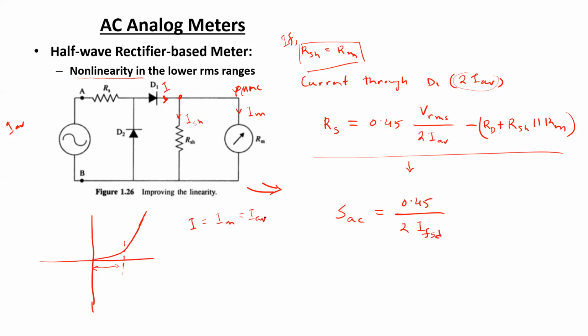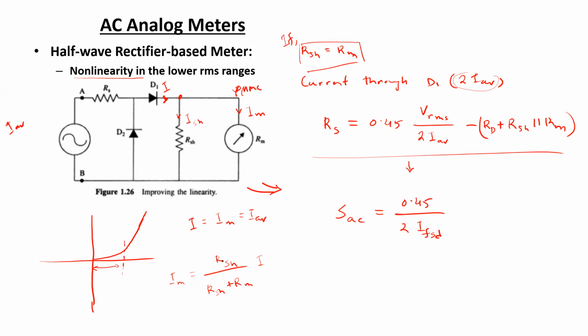But if the shunt branch is present, then what will happen? The current that is going to flow through the PMMC, IM, we have to rewrite it. In case of the current divider rule, we can write it as RSH divided by RSH plus RM into I, the current that is going to flow through the diode.